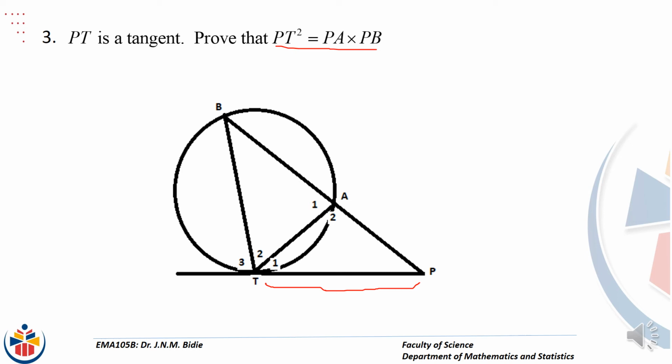So we've got three angles that are equal. Therefore, we have an equiangular situation for these similar triangles. Then thereafter, we can use proportion.